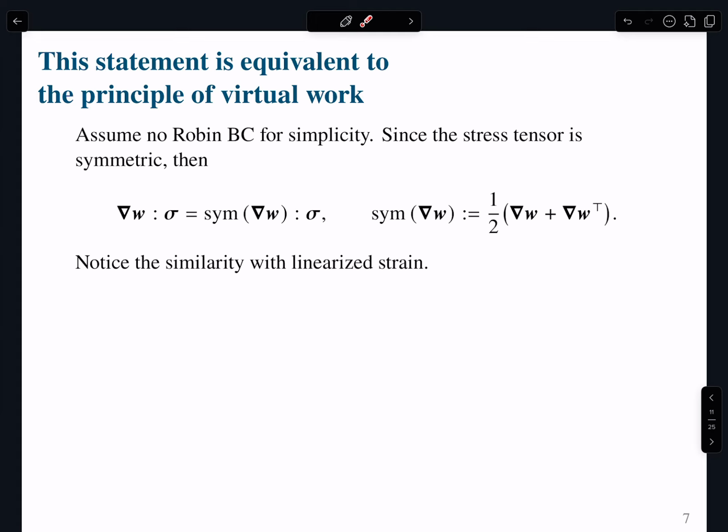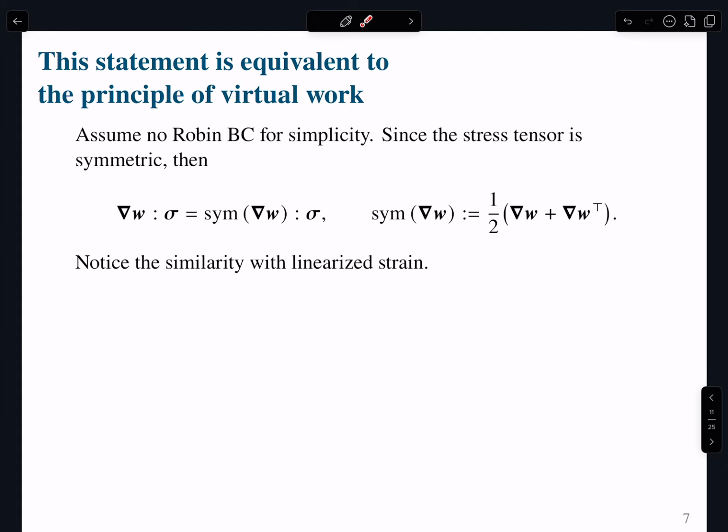And so for simplicity, we assume that there is no Robin boundary condition. And if I now use the property that we know from the stress tensor, which is that the stress tensor is symmetric, I can write that this expression here can be written as the symmetric part of this term, which is defined like this. The symmetric part of that tensor is defined as 1/2 of grad W plus grad W transpose.